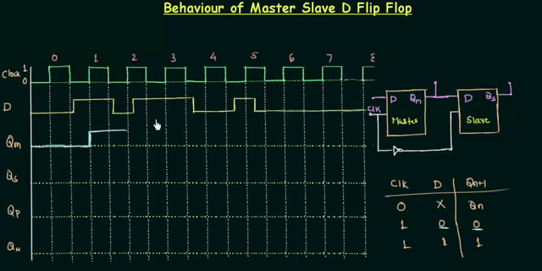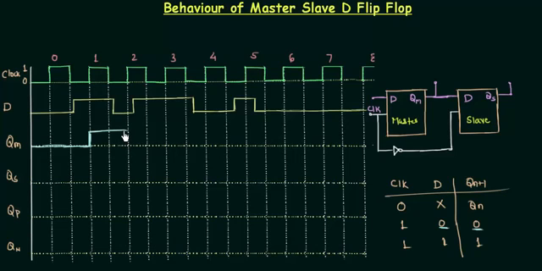And in this high pulse there is something very interesting going on which will cause the glitches. You can see D, our input signal, is low for a small time and again it becomes high when the clock is high. So we are changing the input D signal in the high pulse.